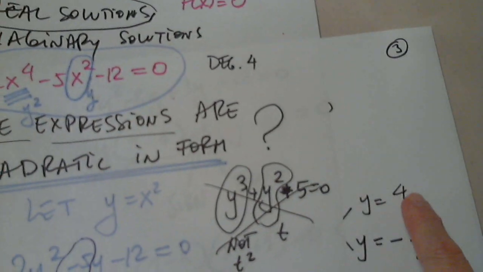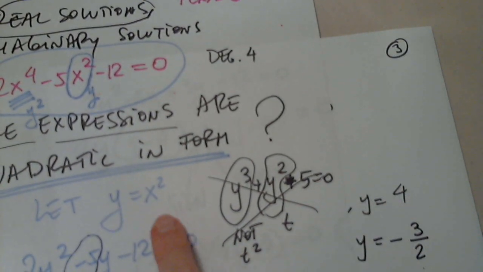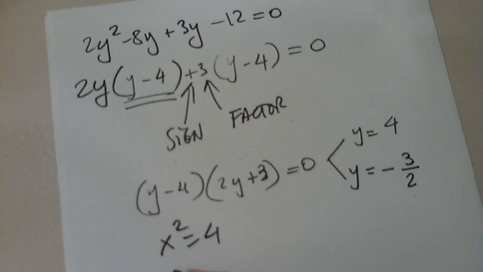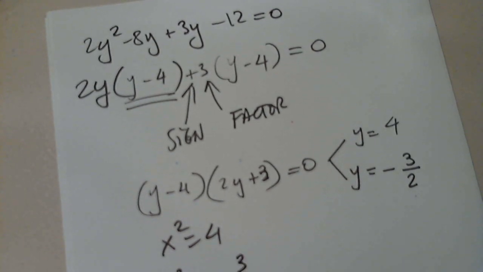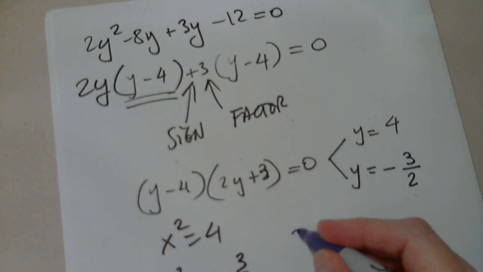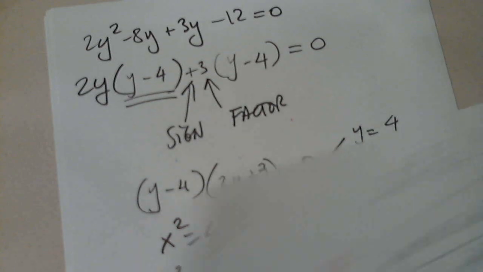Our y is x squared in this, not x. So now I have to solve two new equations: x squared equals 4 and x squared equals negative 3 halves. And now we have the option of using the third method.